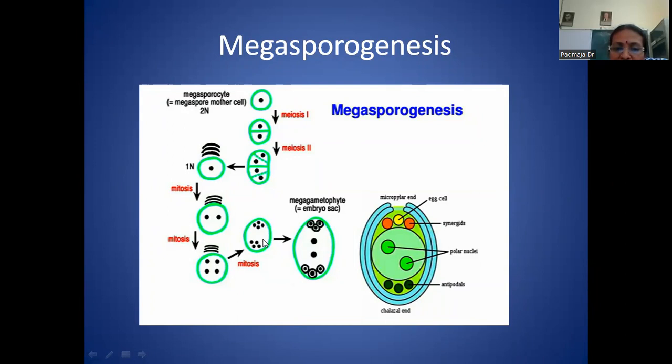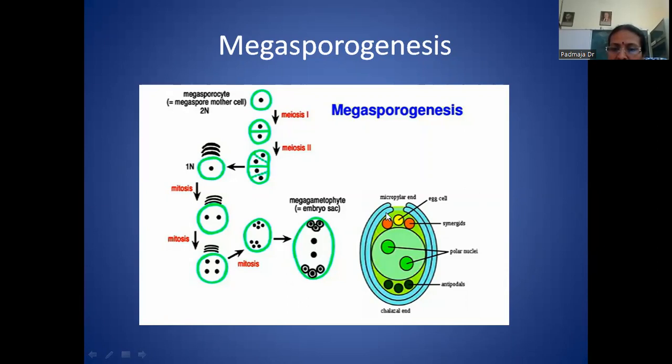As a result, a total of 8 nuclei are formed. Of these 8 nuclei, 3 remain at the micropylar end and 3 at the chalazal end, and the 2 in between fuse to form the secondary nucleus, and later they give rise to a matured embryo sac.